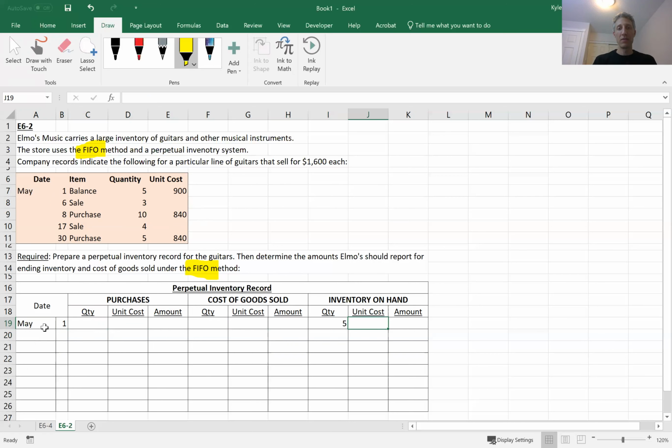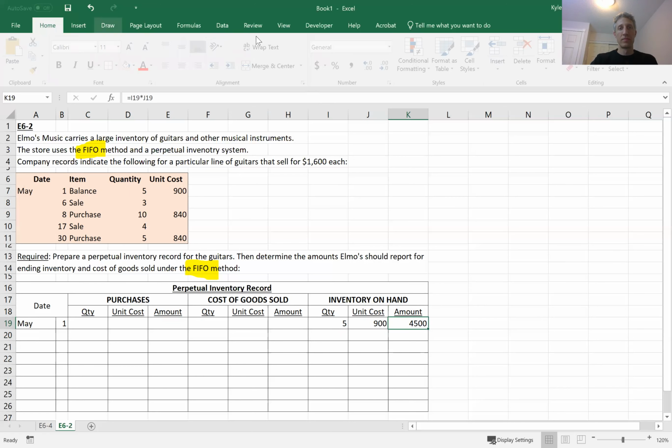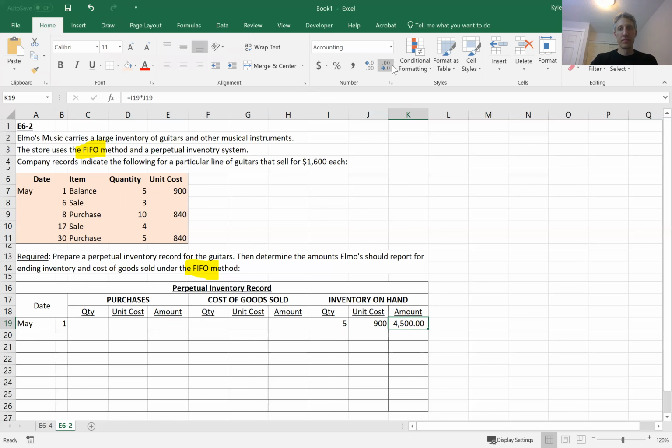If we had 5 units and the unit cost was $900, our balance sheet value as of May 1st is going to be $4,500. So nothing too difficult in getting us started here, and we're now done with this May 1st transaction.